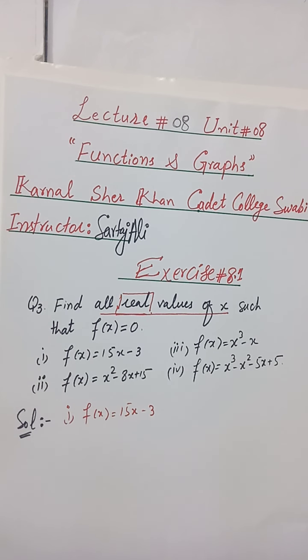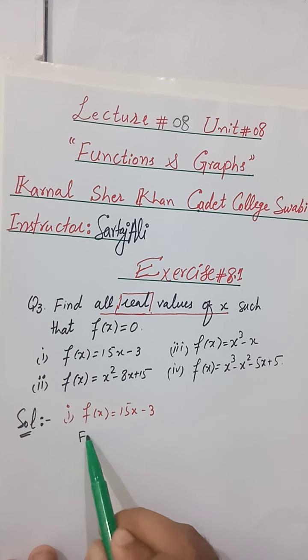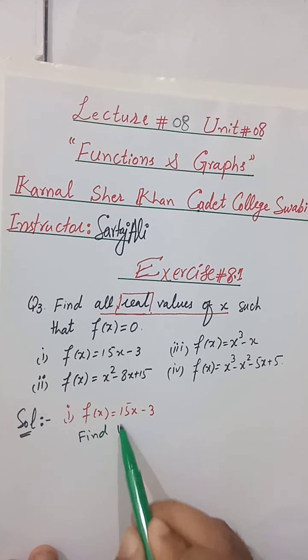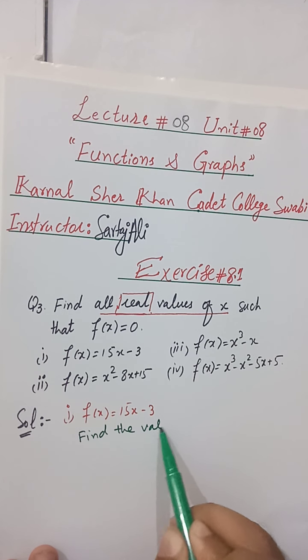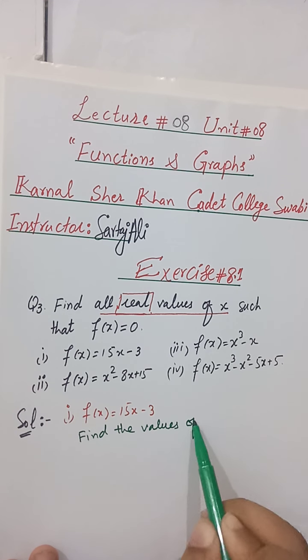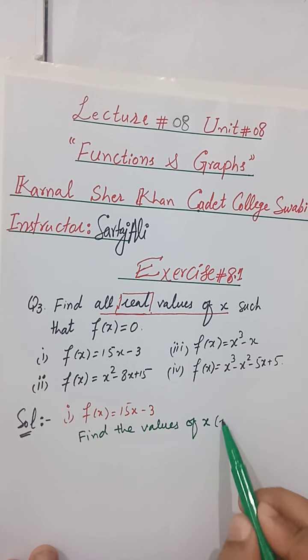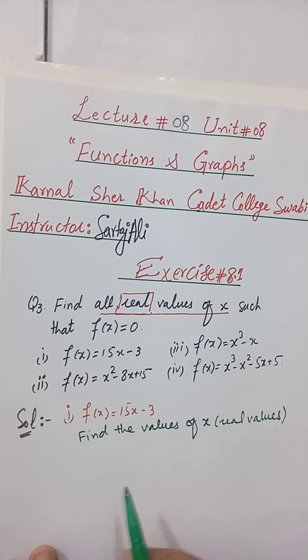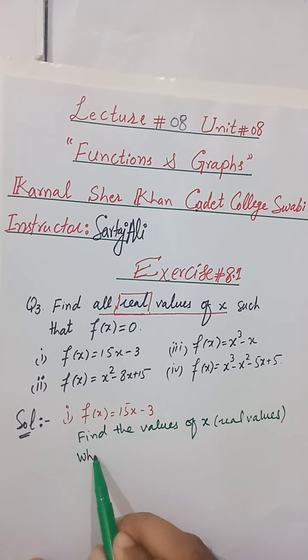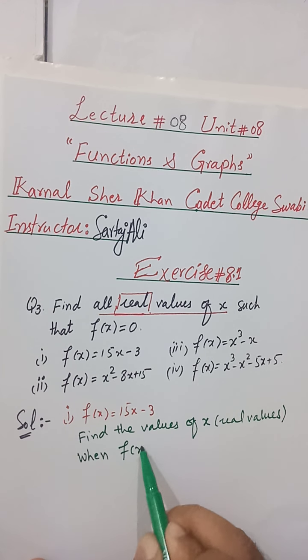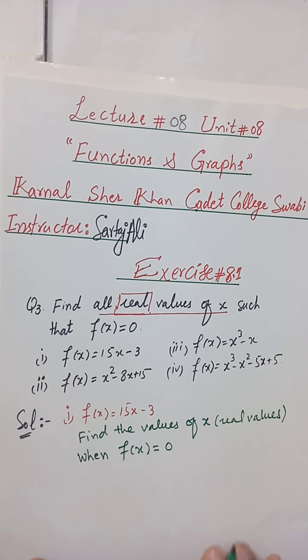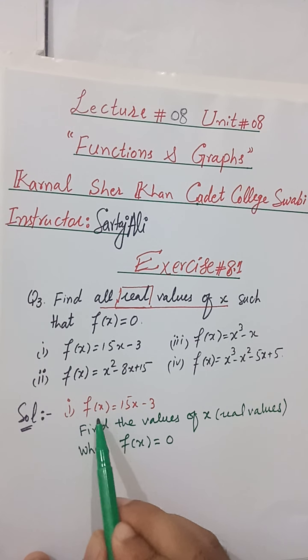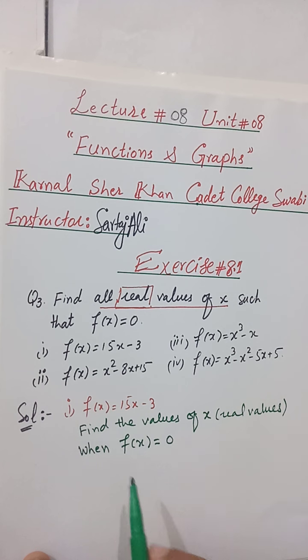So we need to find the values of x, which must be real values, when f of x is equal to 0. In the question you see that f of x is equal to 15x minus 3.